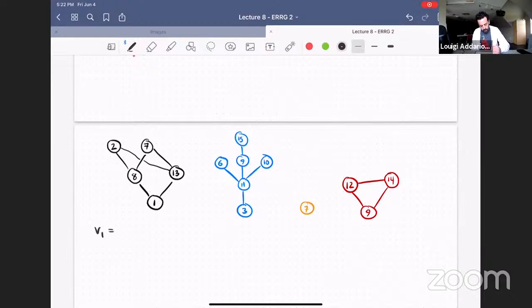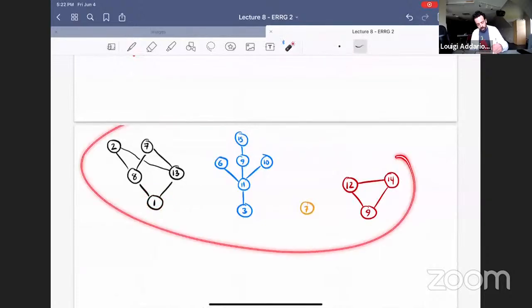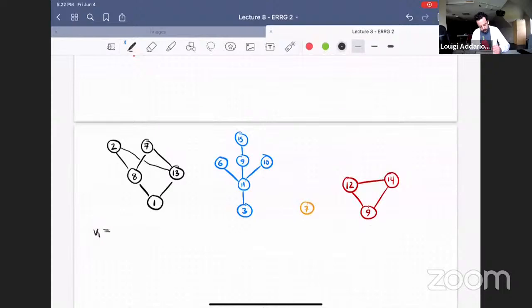At time 0, nothing has been explored, nothing is active, and so we just start by choosing the smallest labeled vertex from everything in order to explore. So that means V_1 will be 1, and when we explore its neighbors, we get the vertices 8 and 13.